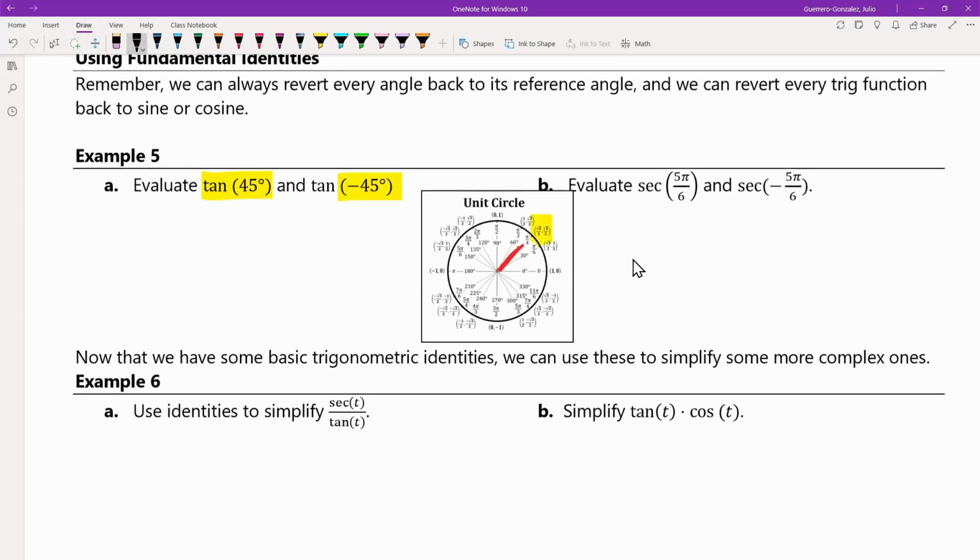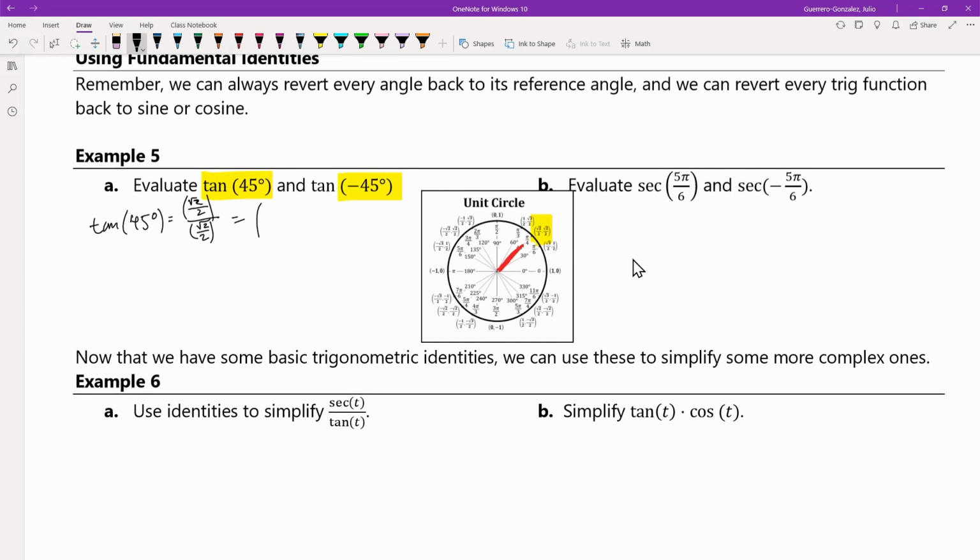So we know tangent of 45 degrees, just by looking at our unit circle, is going to be positive root 2 over 2 divided by root 2 over 2 on the bottom, because it's sine divided by cosine, so the y divided by the x. And this is equal to 1.